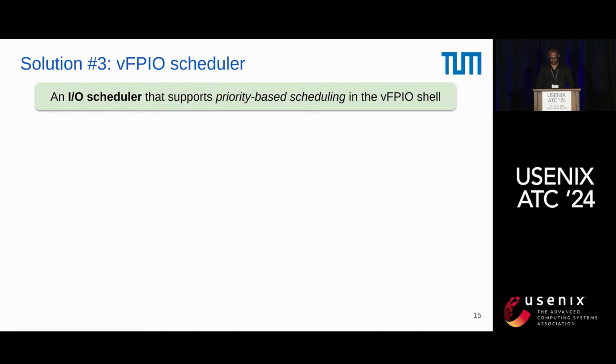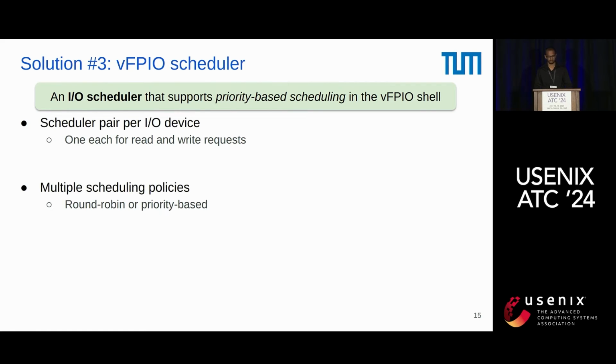So to do this, we have an I/O scheduler within the vFPIO shell, which supports multiple scheduling policies, including priority-based scheduling. In vFPIO, we have a scheduler pair for every I/O device, one each along the read and write path. And additionally, we support either a round robin or a priority-based scheduling policy.